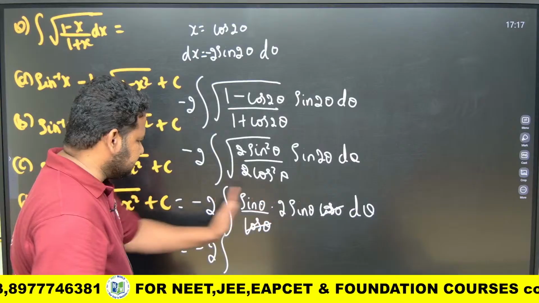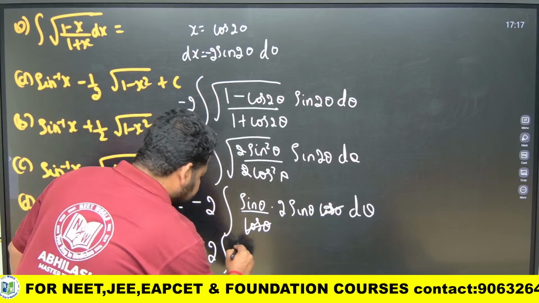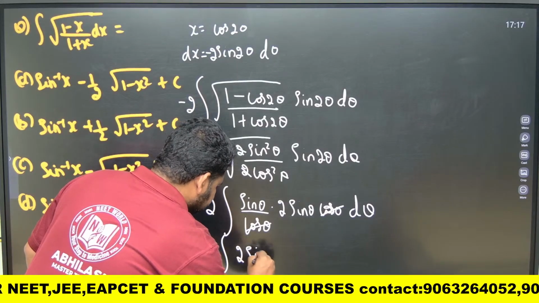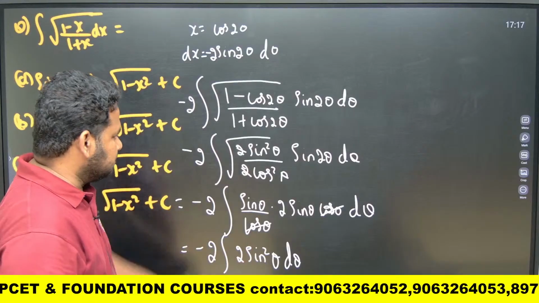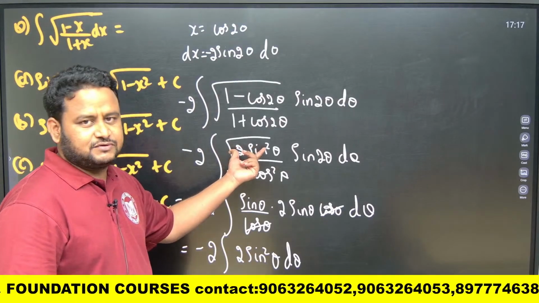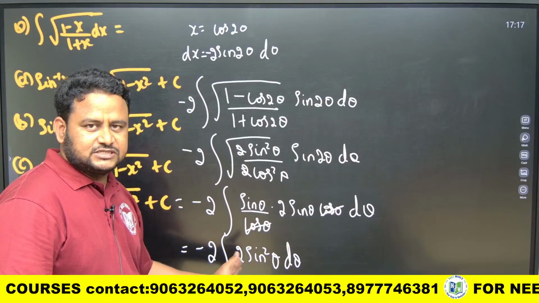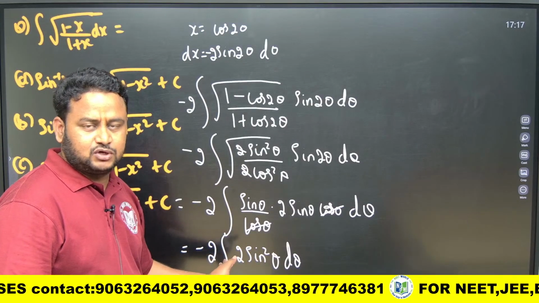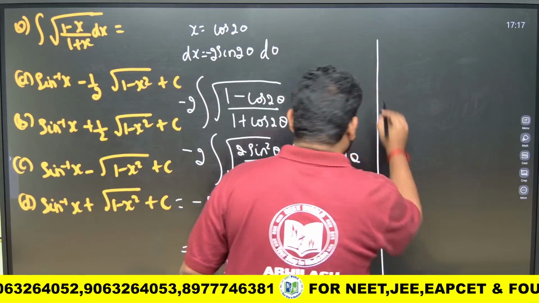Instead of sending this 2 outside and making it minus 4, I will keep it as it is, because here I will get 2 sin square theta d theta. Here 2 sin square theta is nothing but 1 minus cos 2 theta. So this integral will become minus 2 will be outside.